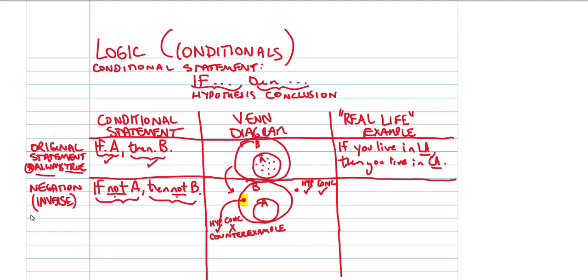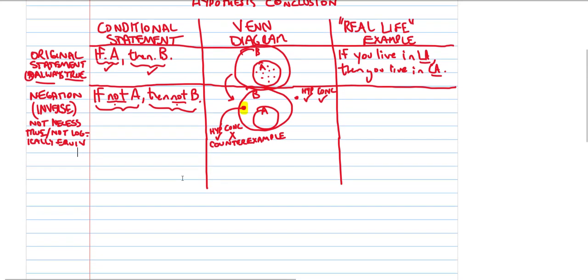So we're going to write over here in the margin, not necessarily true, not logically equivalent to the original statement. So again, the negation is a statement that a lot of students assume is true.